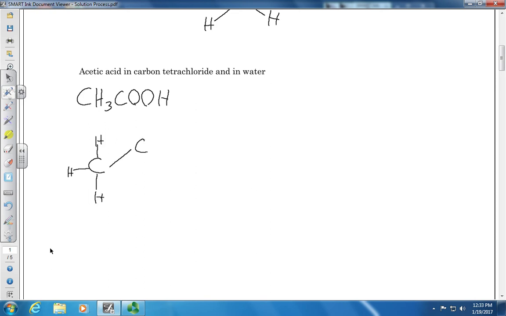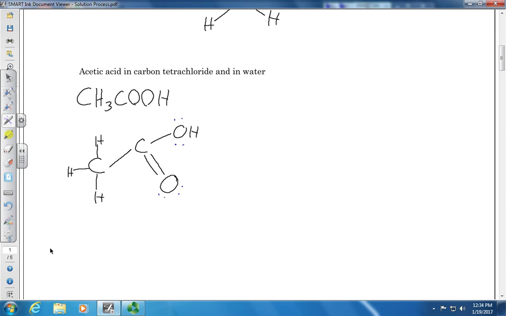Then we have another carbon over here, and to that carbon there's an oxygen and a hydrogen, an OH group, and it's also double bonded to another oxygen. You have 2 lone pairs on this oxygen, and also 2 lone pairs on this one.